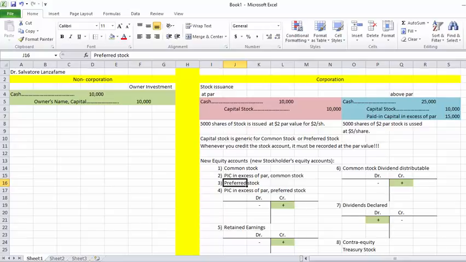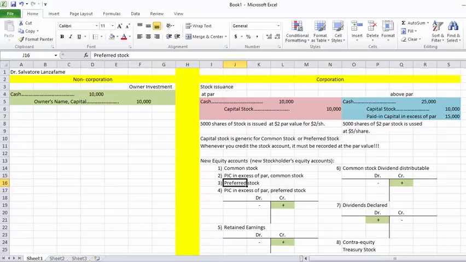So most companies that are corporations do not even have preferred stock. So 3 out of 4 companies don't have preferred stock. But if they do, something that we'll talk about in the next video or so, preferred stock gets first crack at dividends. And then whatever's left goes to common. So just throwing something out that we'll see down the road.